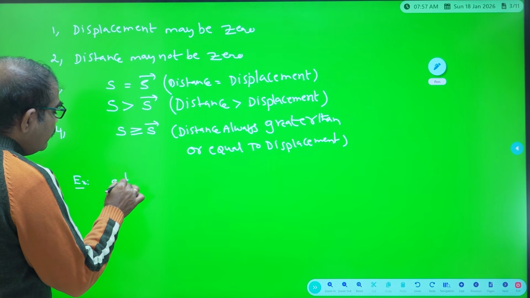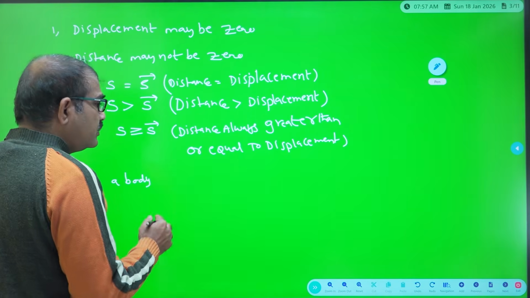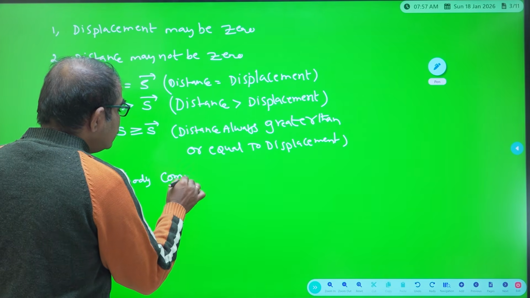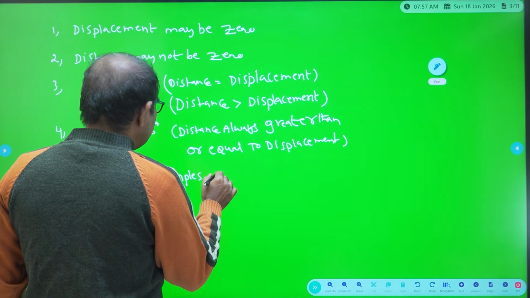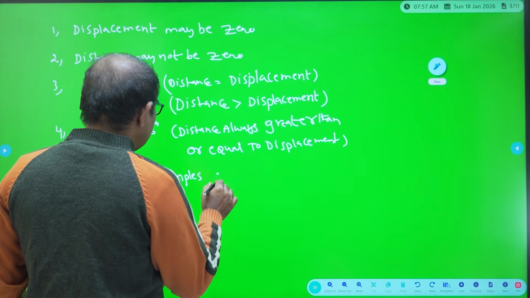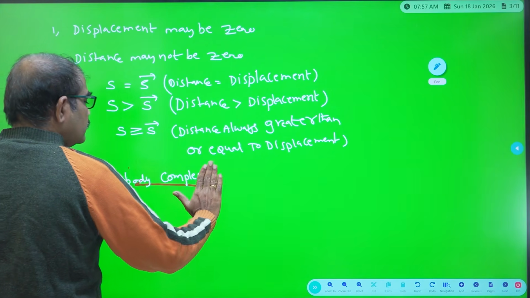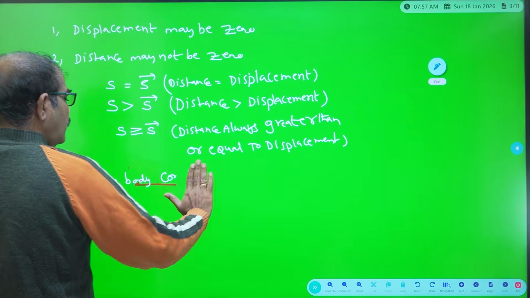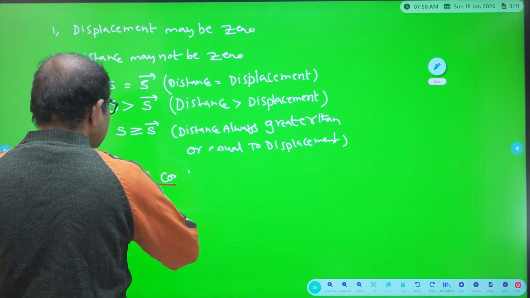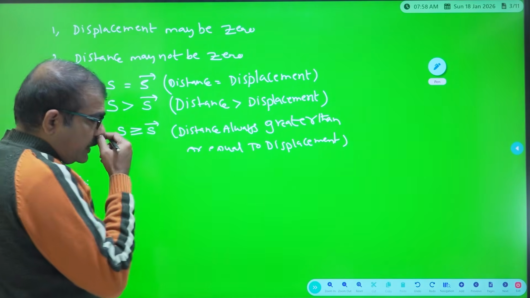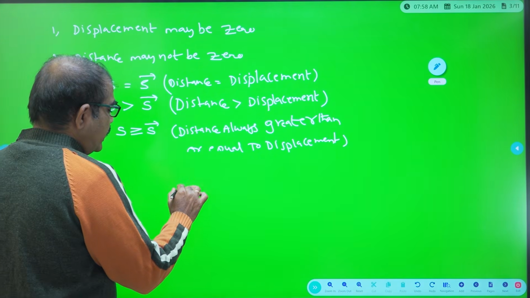For example, the body completes one semicircle path. The body is moving like this.